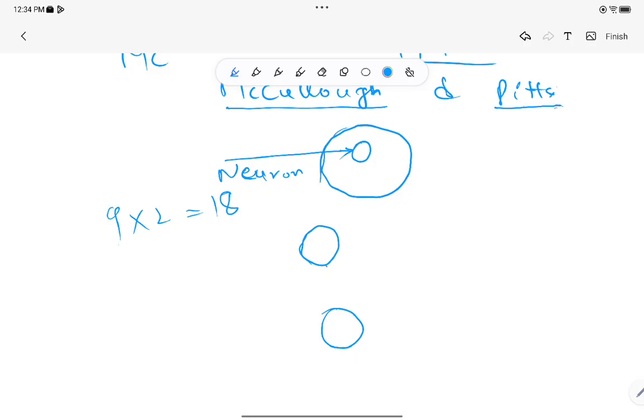Then something strange happens: pruning occurs of these connections, and then only a limited number of connections are left. Other connections are simply deleted. This has now been seen to be done by glial cells. Okay, without going into that detail, this is a neuron.